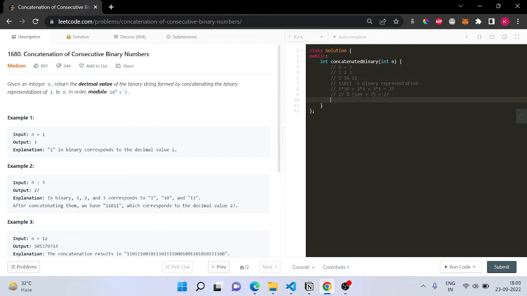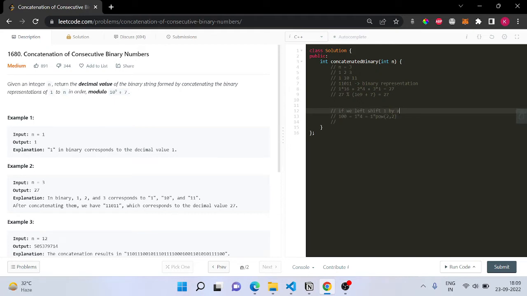If we left shift a number by x, we are multiplying that number by 2 to the power x. So if we left shift 1 by 2, we are multiplying 1 with 4, and 4 is nothing but 2 to the power 2.